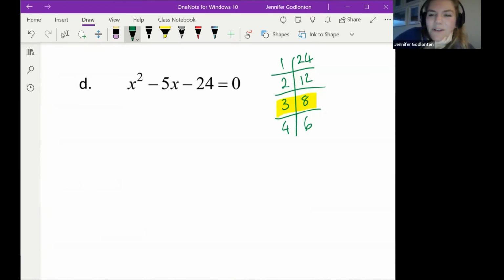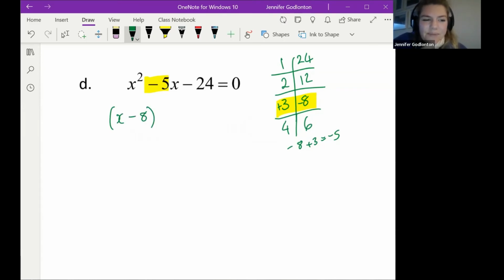Okay, ma'am, using 3 and 8, which one has to be positive and which one has to be negative? 8 has to be negative and 3 has to be positive. Good, because I'm trying to get -5. So -8 plus 3 is going to give me -5. Great. So what are my brackets going to look like? In the first bracket it's going to be x minus 8, and in the second bracket it's going to be x plus 3, equals to 0.